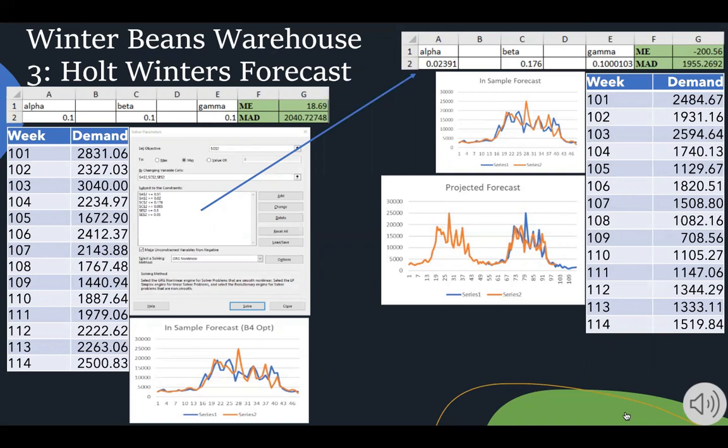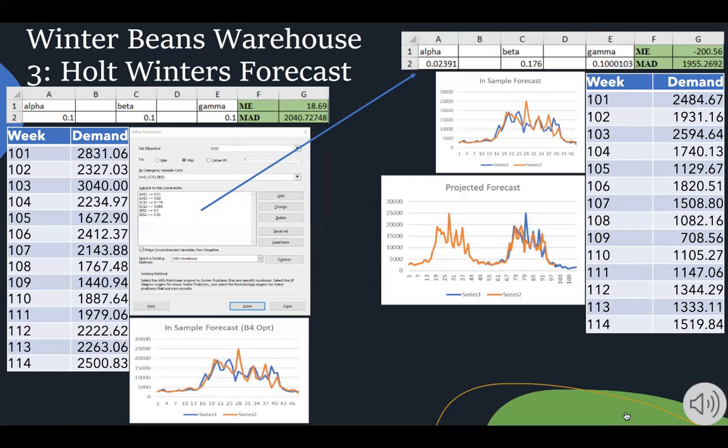Once I filled out the table and used the formula to find future demand of weeks 101 to 114, you can see the data here under the alpha, beta, and gamma table. And then you can also see the ME and the MAD prior to when we use the solver. So after you see the solver having done its job, you can see that the ME and the MAD change.